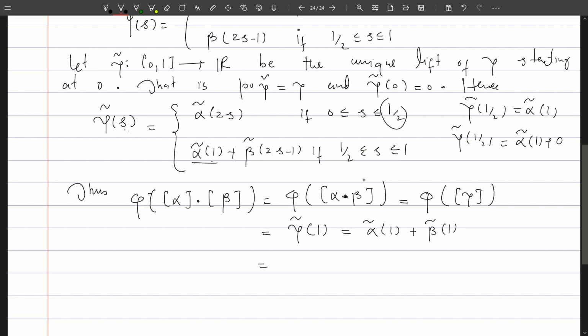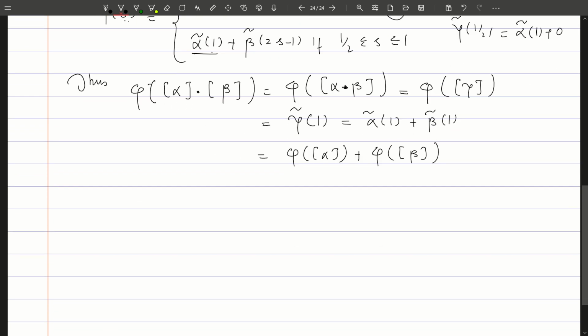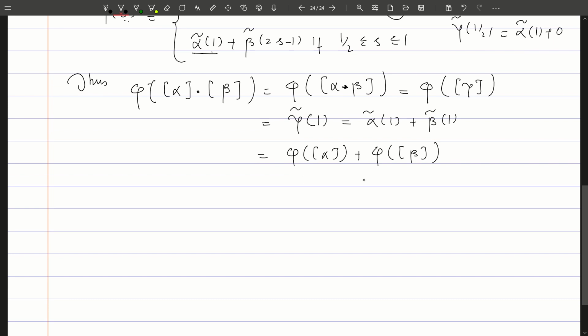And alpha tilde of 1 is phi of the class of alpha, plus phi of the class of beta. So this proves phi is well defined also. Sorry, and this proves phi is a homomorphism.